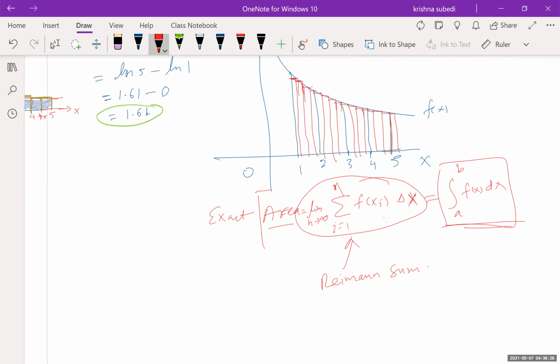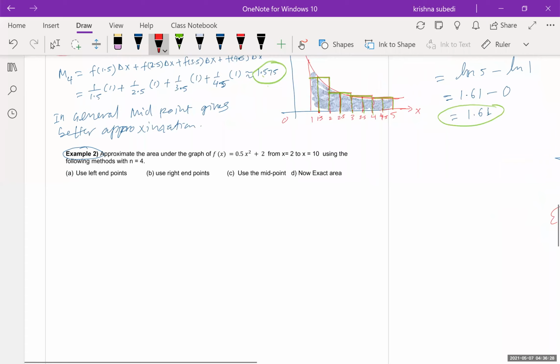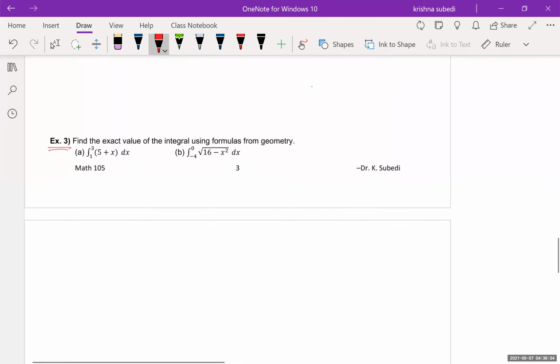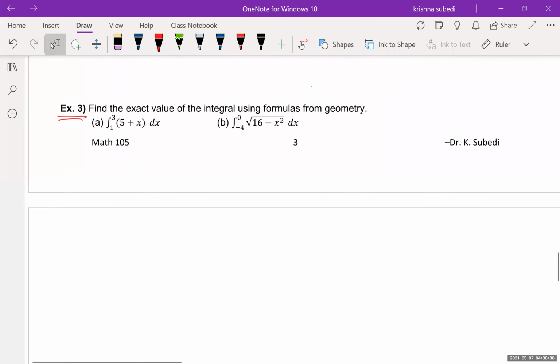All right, now let's go all the way down to example 3. In example 3, the question tells us to find the exact value of the integral using a formula from geometry. So we know that the definite integral represents the area. Okay, so let me do part A first.